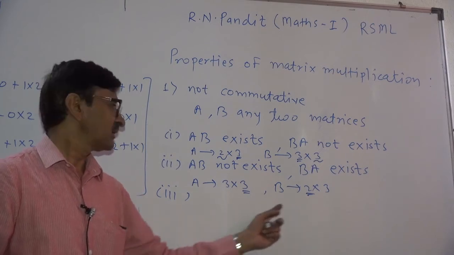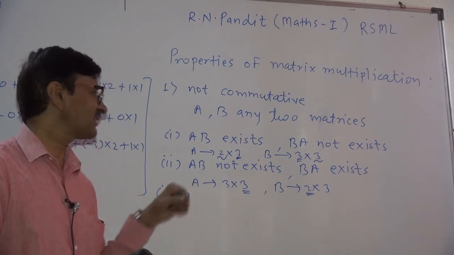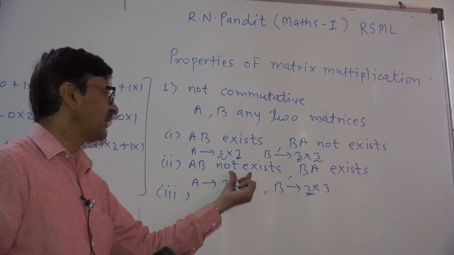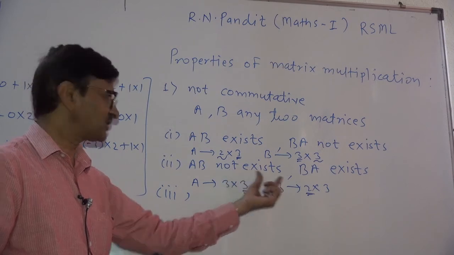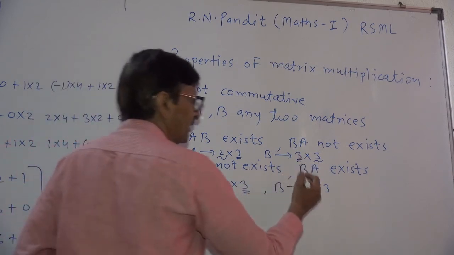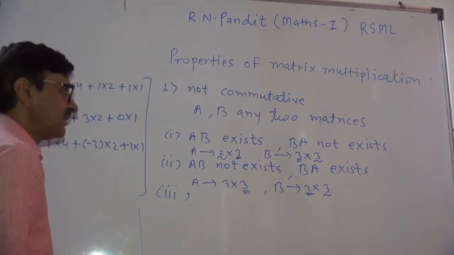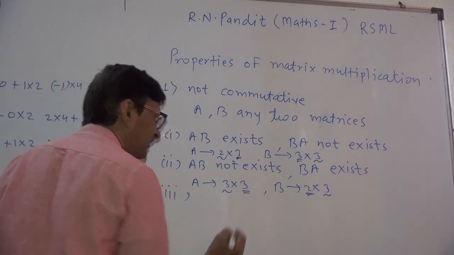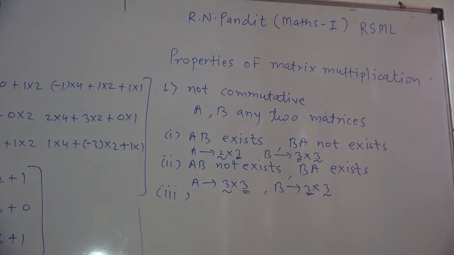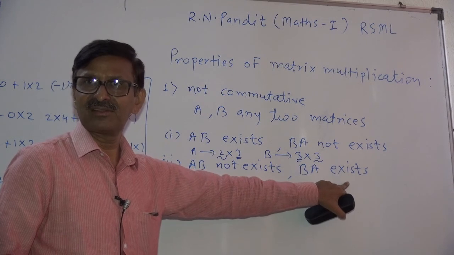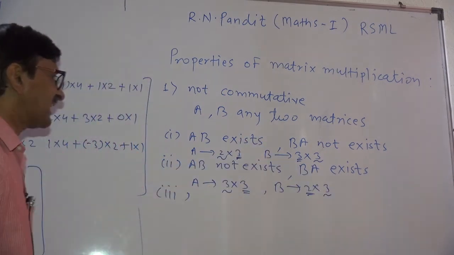The two numbers are different, hence we say that product AB not existing. Now check the product BA, number of columns in B, that is 3, number of rows in A, that is 3. So here condition is satisfied, hence we say that BA existing. So this is the second situation.